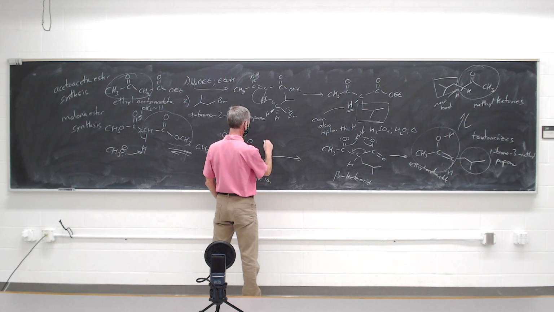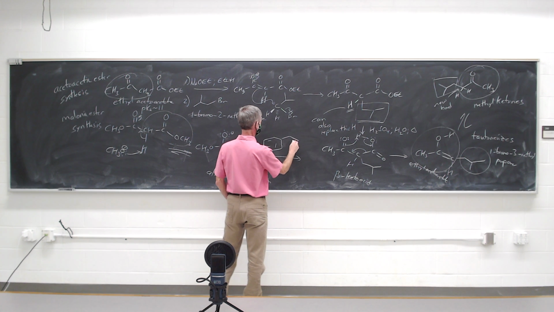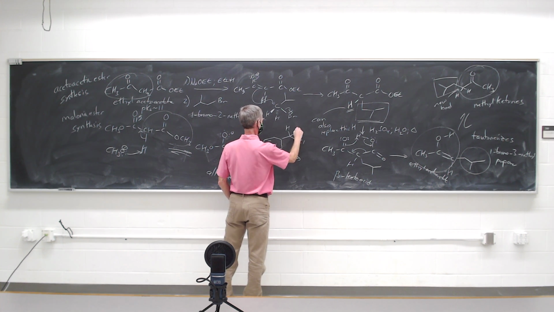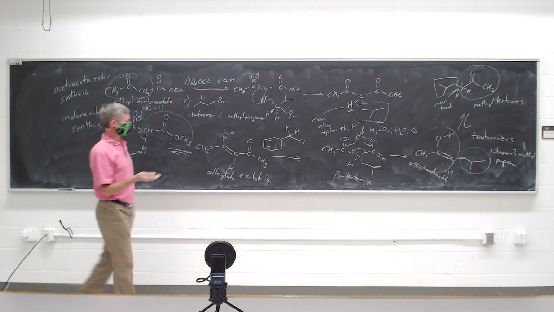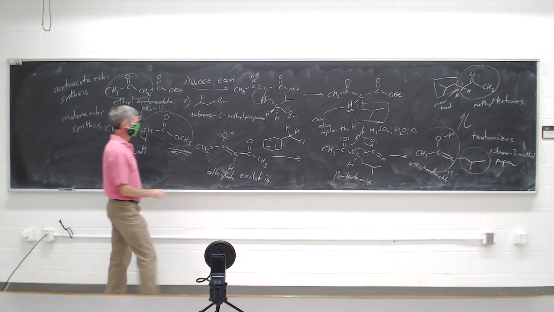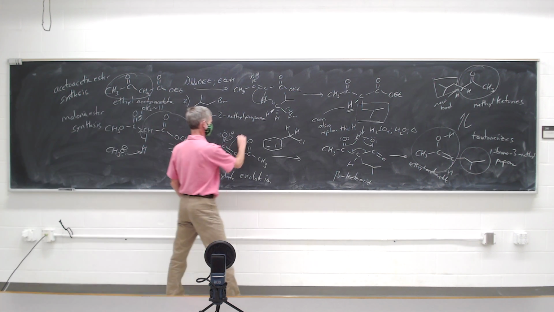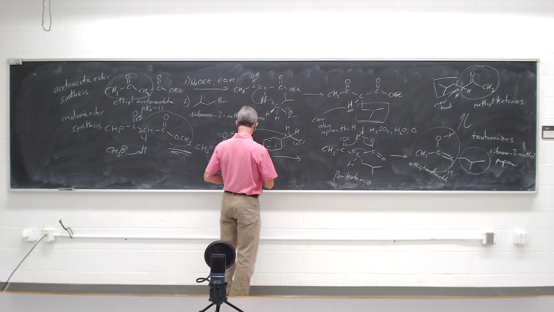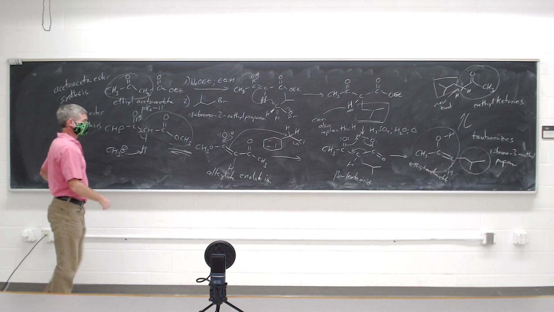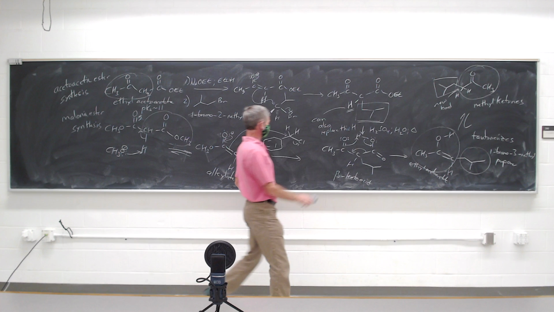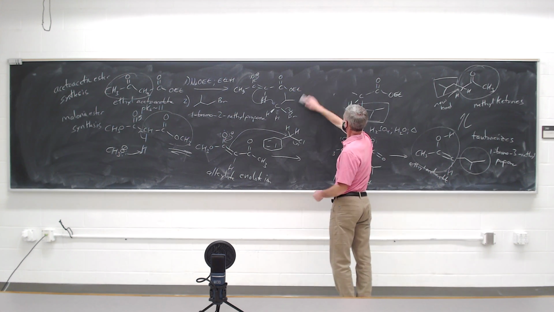What I want to alkylate with to make the product that we had is a benzyl chloride or benzyl bromide. And this is a particularly good SN2 reaction because the benzylic position is more reactive.